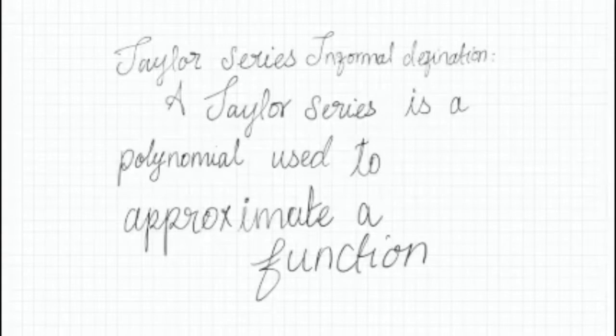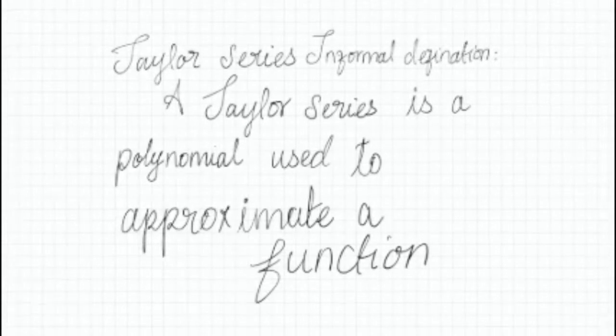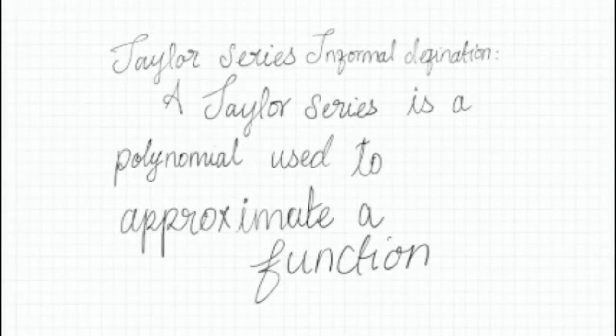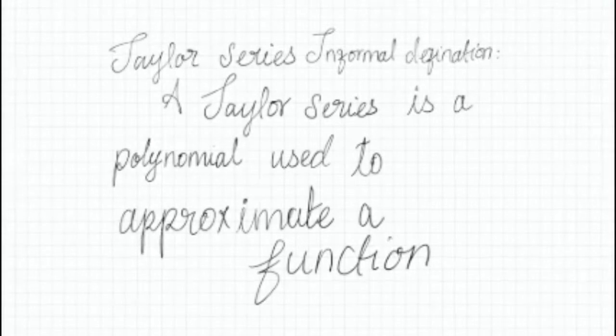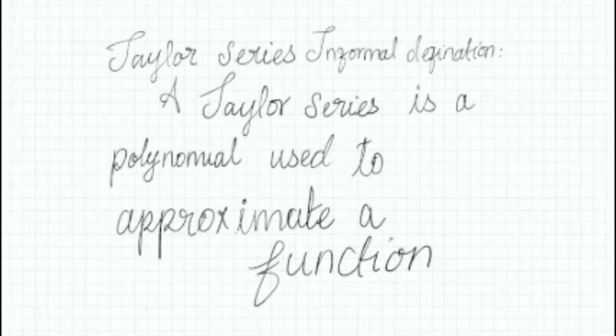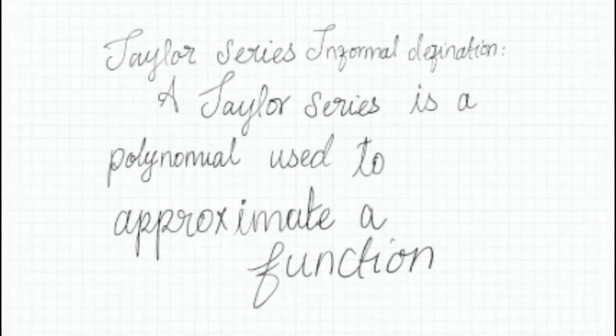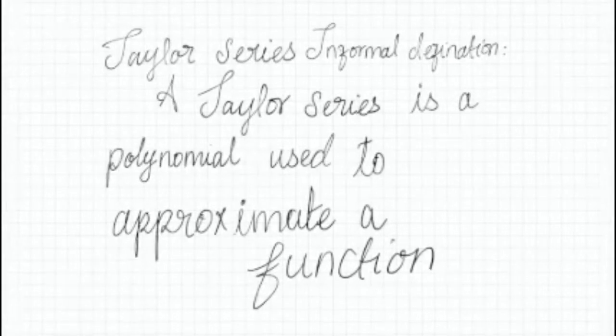Informally, we can say a Taylor series is a way to approximate a nice function, so nothing too crazy with cusps and other things, using a polynomial instead of the original function. The reason we care about this is that a polynomial is a much easier function to deal with.